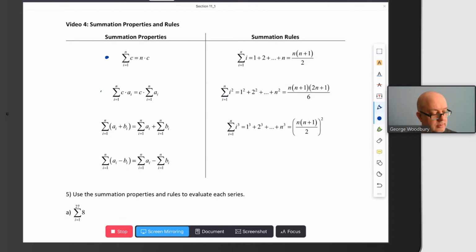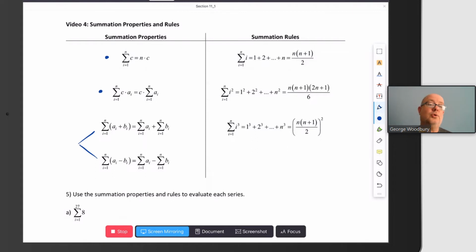The second property is if we have a constant multiplied by a member of a sequence, we can factor that constant out to the front and just find the sum of the sequence first and then multiply that by the constant afterwards. The last two tell us if we have a sum of a sum, we can find each sum separately. If we have a sum of a difference, we can find each sum separately and then subtract.